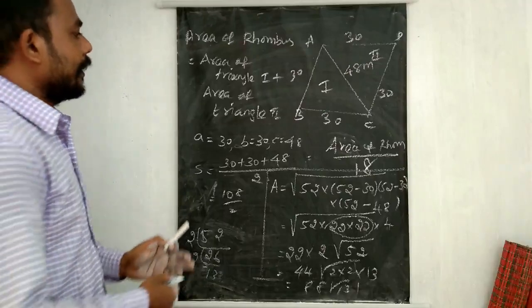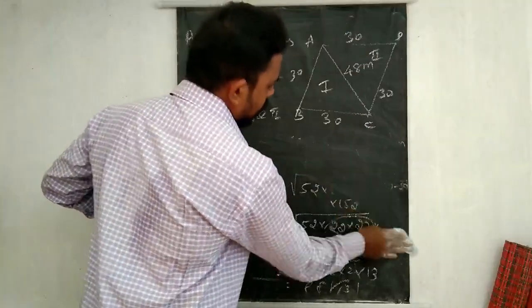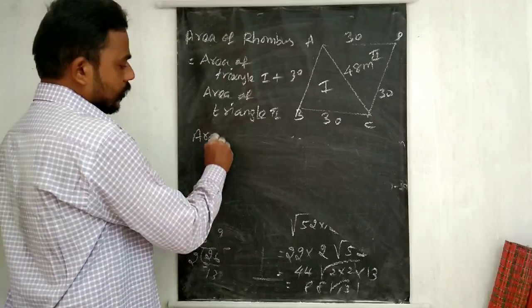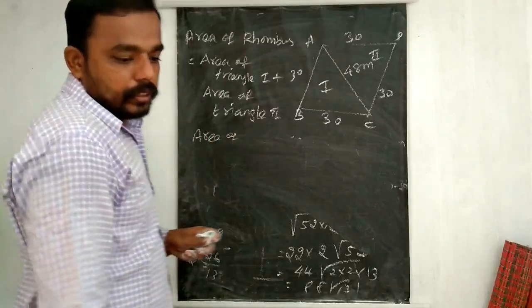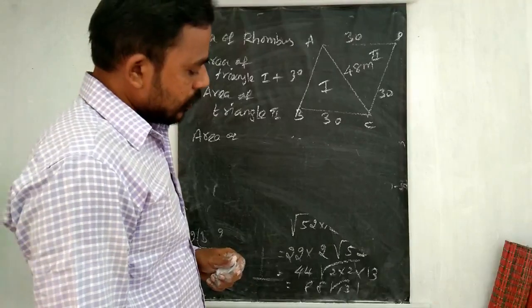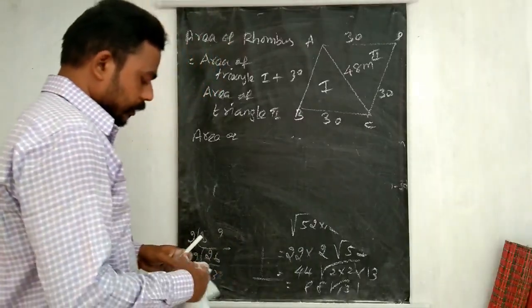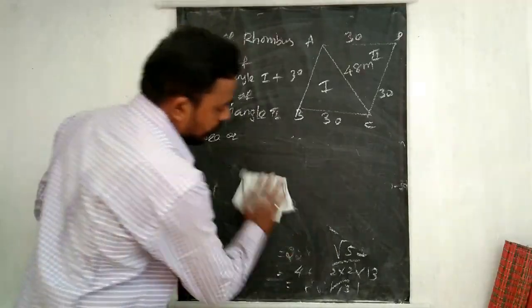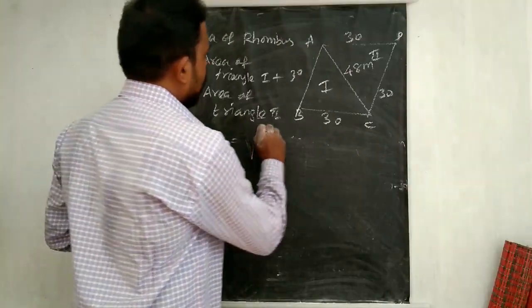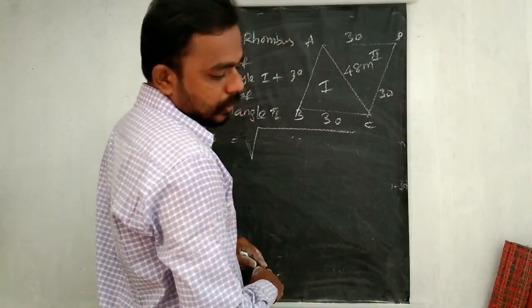Now the total area is nothing but double. So area of rhombus equals... it's given, something is a mistake, we can find it in a different manner. Wait. So s value is 30 plus 30 plus 48, that is 108.